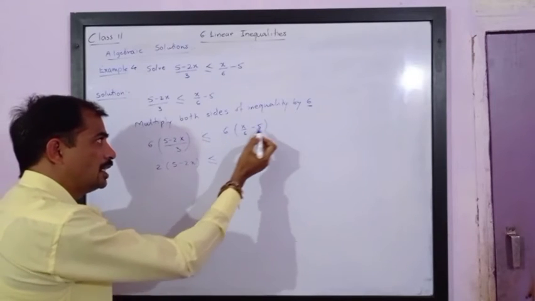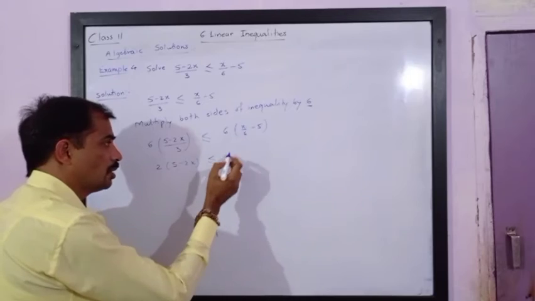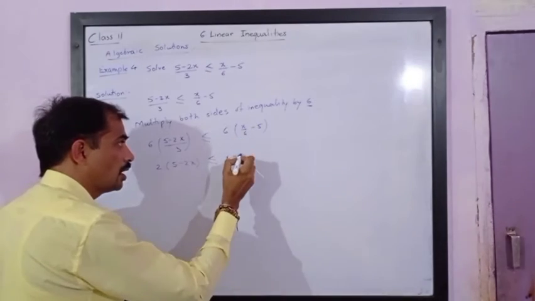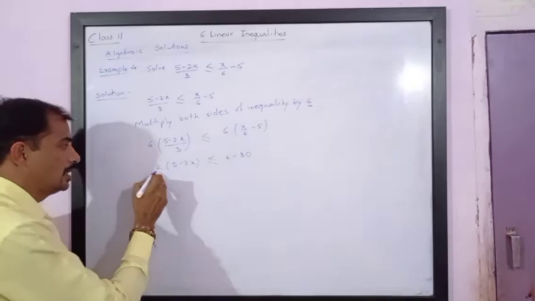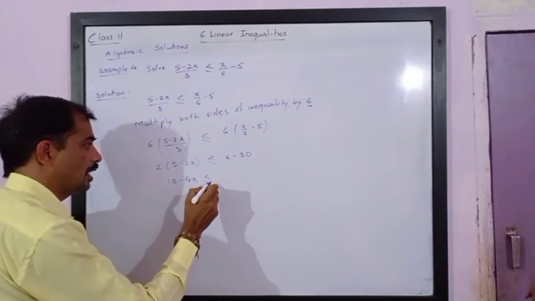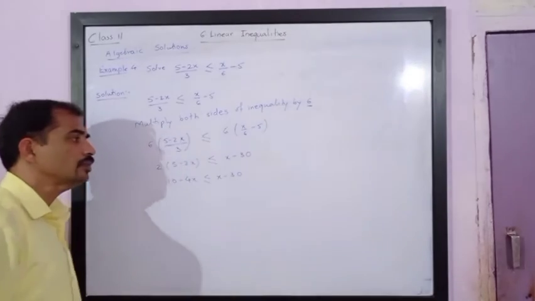Now when you multiply inside, you will get 6. This 6 will get eliminated with the first term. So you will get x minus 6 5s are 30. So you will get something like this: 10 minus 4x is less than or equal to x minus 30.